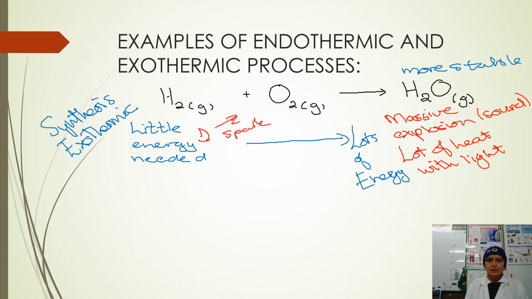The second reaction I'm thinking of is the decomposition of mercury oxide. Mercury oxide, not magnesium oxide, mercury oxide. It's a solid. When you heat it, but you'll have to give it a lot of heat.